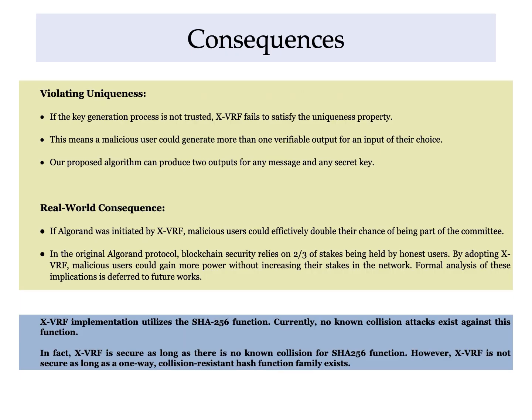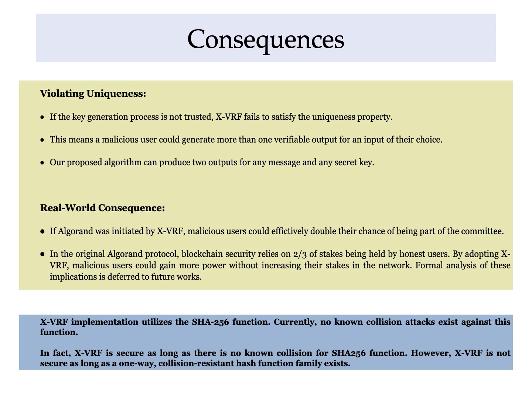And finally, I want to discuss the consequences. As I explained, X-VRF was developed for the Algorand blockchain. In our paper, we showed that it doesn't satisfy uniqueness if key generation is not trusted and an adversary, instead of using a random key process and function selection from the function family, uses a malicious procedure.